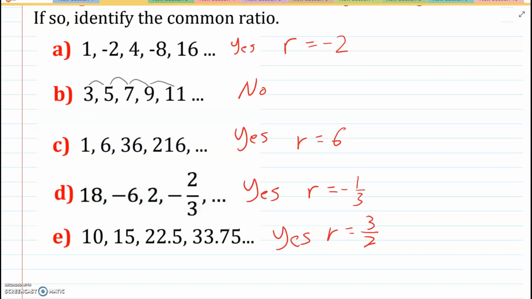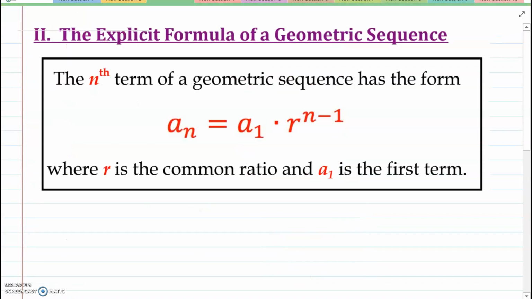And as you can now see, once again, all of them are geometric sequences, and you should be able to come up with the common ratio. Now, like in the other one, we have a formula that we want to use to come up with the explicit formula for a geometric sequence.